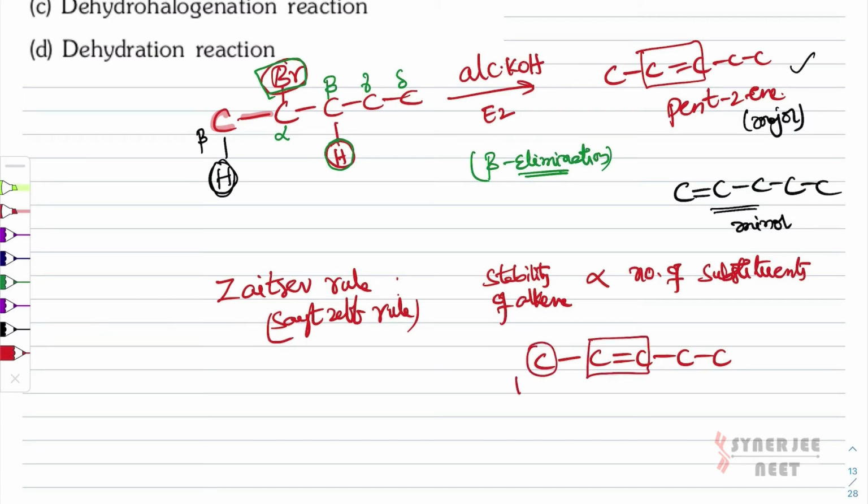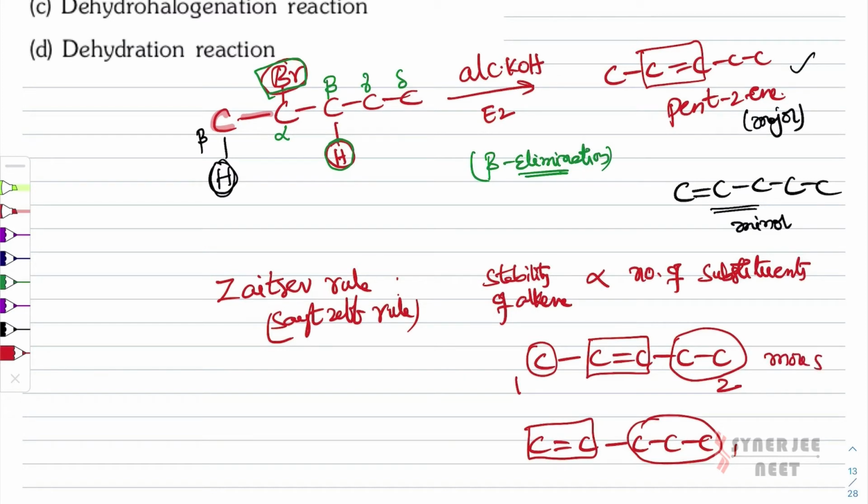This is one substituent, this is second substituent. So total number of substituents is 2 here. Whereas if you look at the other one, look at the double bond carbons. There is only one substituent there. Therefore, this is more stable, and hence this is majorly formed in the reaction, whereas the other one is less stable. Therefore, this is the minor product.